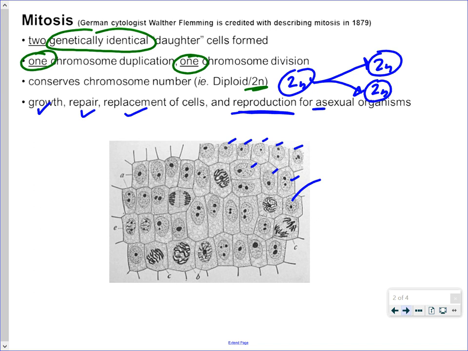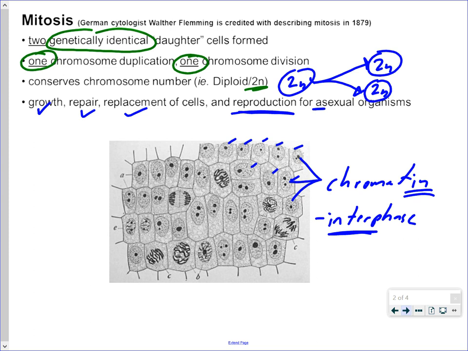And that's because all of these, they do have their chromosomes, once again, in the form of chromatin, and it's in the uncondensed form, and these are the cells that are then in interphase. This is what a cell looks like when it is in interphase. And once again, I do want to stress that it's not that these cells aren't doing anything, they're doing everything. They're just not dividing.